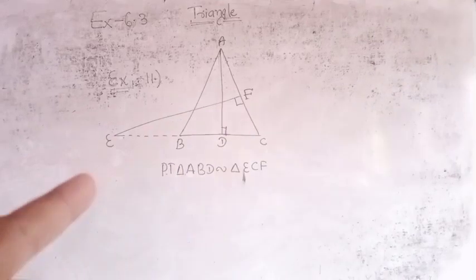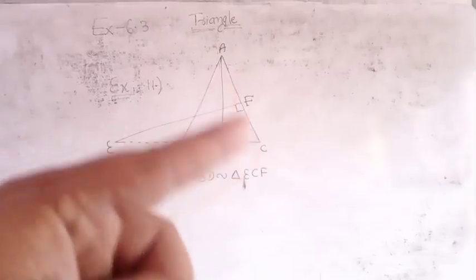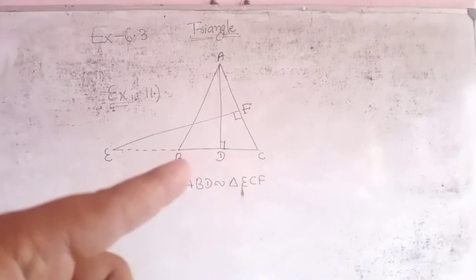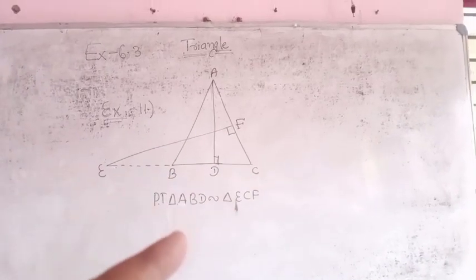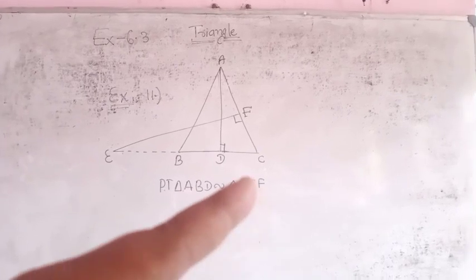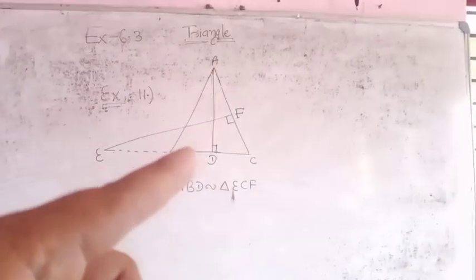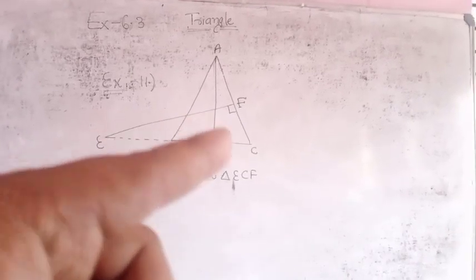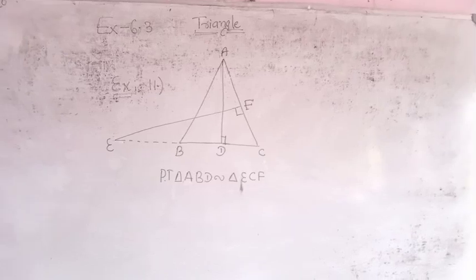Perpendicular means 90 degrees. This EF is perpendicular to AC and AD is perpendicular to BC. This is the question, and what we have to prove is triangle ABD is similar to triangle ECF.